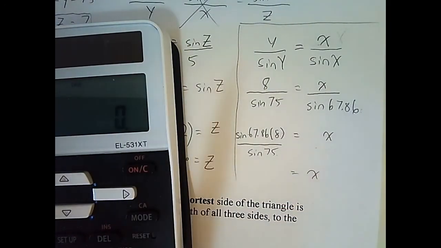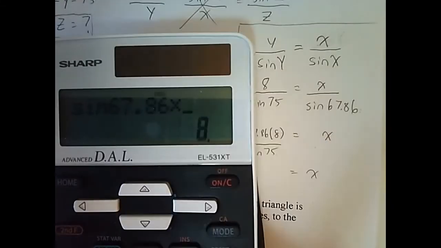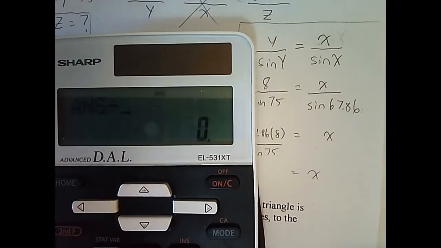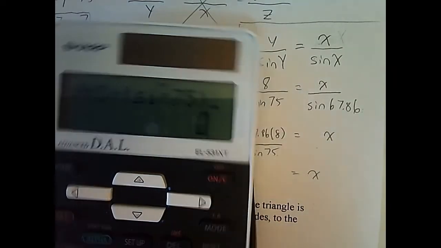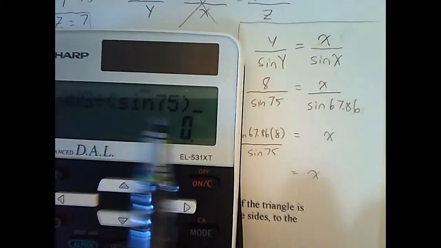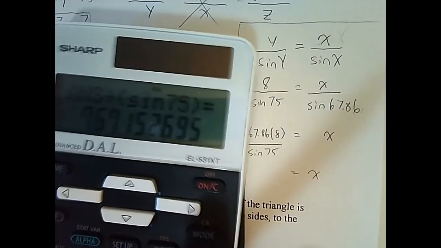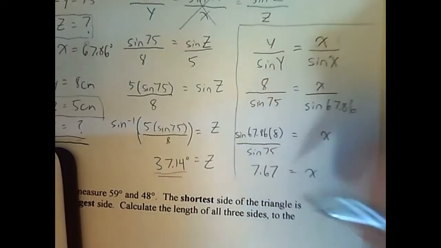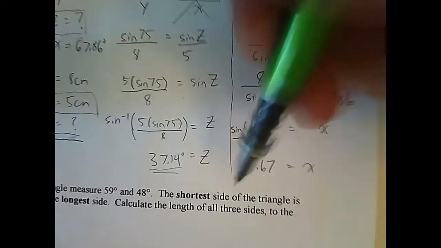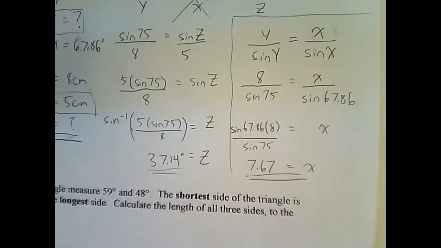So I'm going to get sine 67.86 times 8, and I get that divided by sine 75. I put it in brackets just to make sure that the calculator knows to do this first and then do division. And then we get 7.67, it looks like. So the length of side X is 7.67 centimeters long.